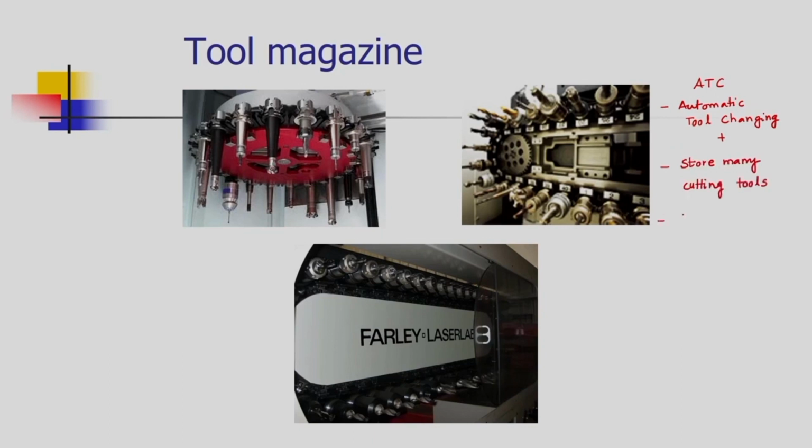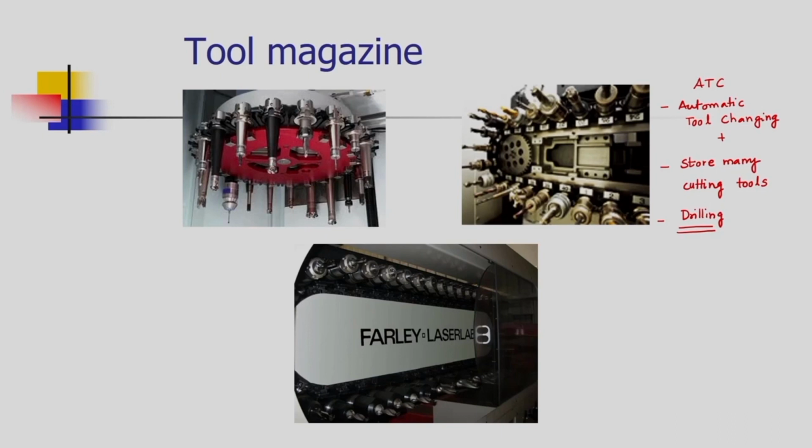If I take the example of a CNC drilling machine, the operation is very special. The machine tool should carry out a variety of drilling operations, from small to larger size holes to be drilled.